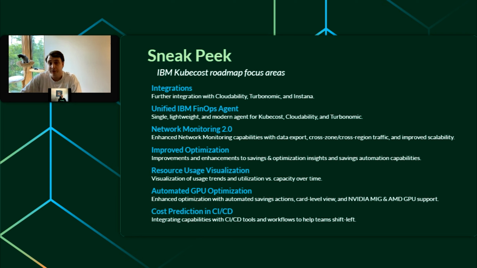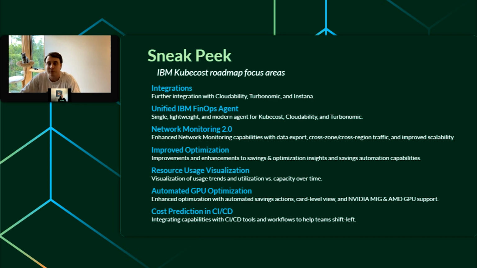We're also going to be continuing to invest in our network monitoring page. It's in beta today, so we're going to be GAing it later this year. We're going to be adding in the ability to get cross-zone, cross-region traffic, which is a big request I've gotten. We're going to be improving the data export capabilities, and perhaps most importantly, we're going to be improving the scalability of it.